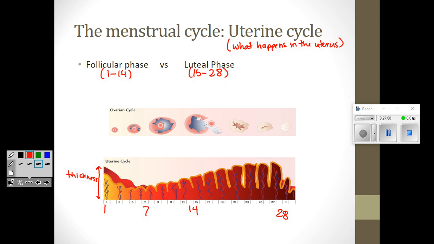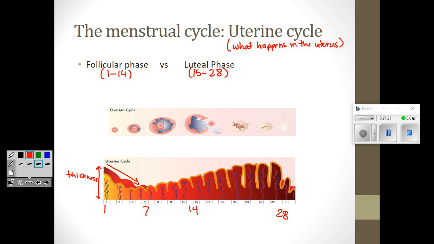If you look at day 1 through 7, see how the thickness of the uterus is decreasing? Now, what makes the uterus thick? Well, we saw way back in the first lesson that the uterus has an endometrium, the inner lining that's very vascularized, with blood vessels. Because of the development of that tissue, it's thick.